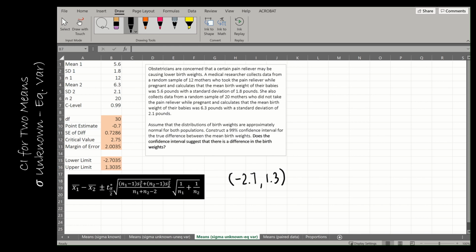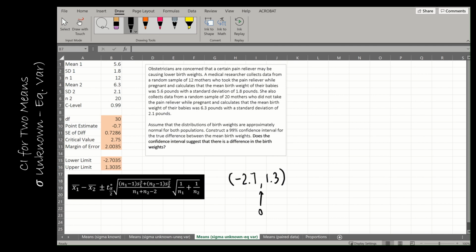So this is our first one like this, where 0 is in the interval. Keep in mind, if 0 is in the interval, there's no evidence to say that there's a difference between the two distributions. So it doesn't matter that mean 1 was 5.6 and mean 2 is 6.3, and those aren't the same. What we're saying is they're not far enough away from each other to be statistically significant.